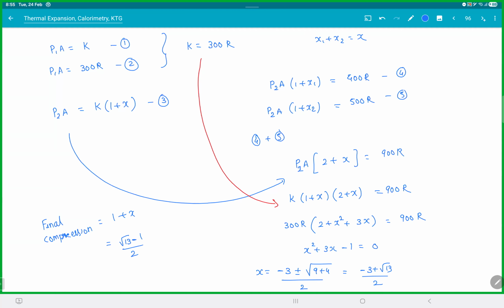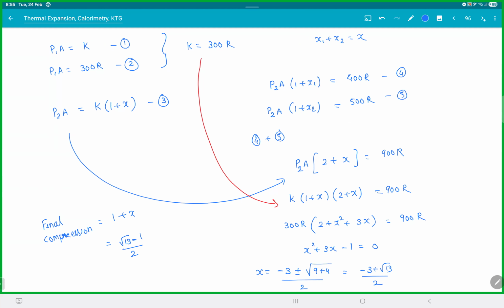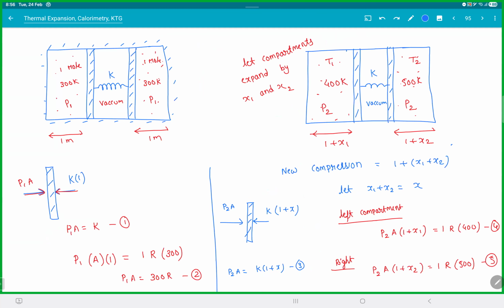There, have a look at this. Got this? The equations are not tough, right? You just have to write equilibrium and the gas equations. Yeah, solving is a little lengthy, but it is doable. It's really not that out of the world. Please have a look at the equations. This is how they'll frame questions in the exam. So they will mix up physics like this. Let's see one more.